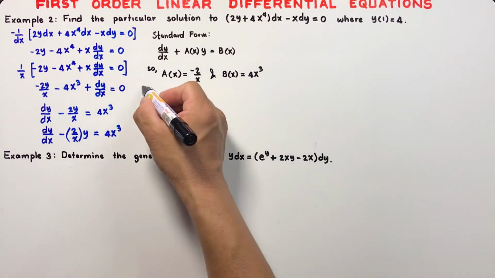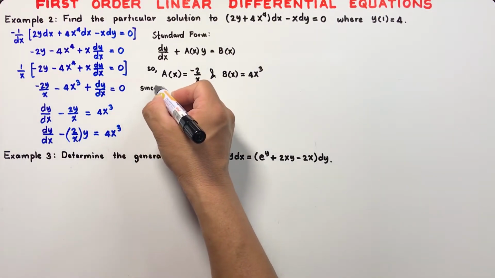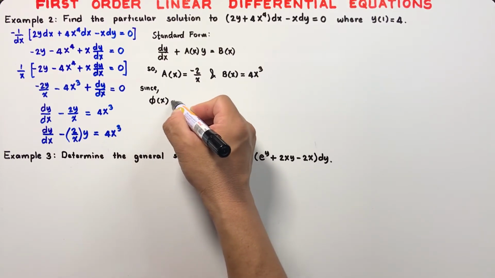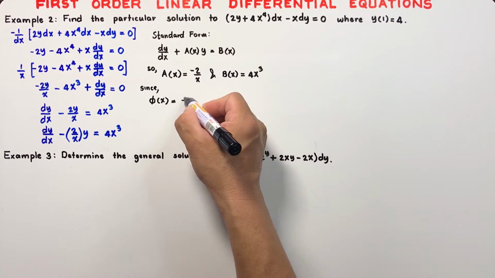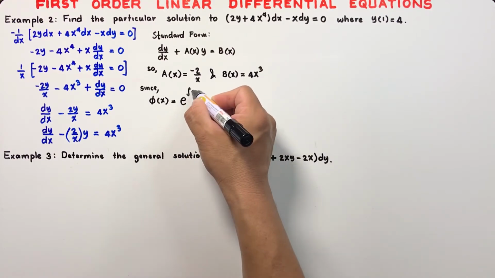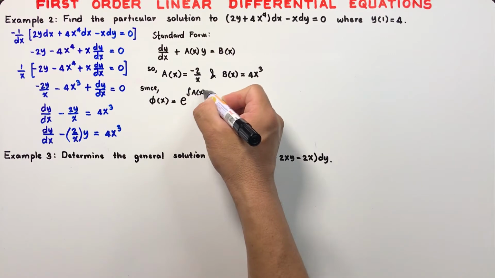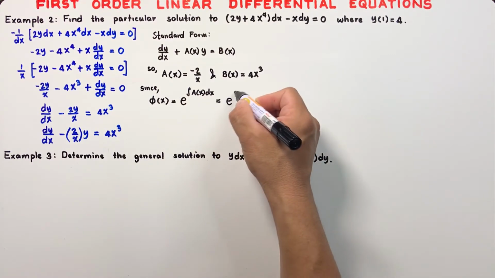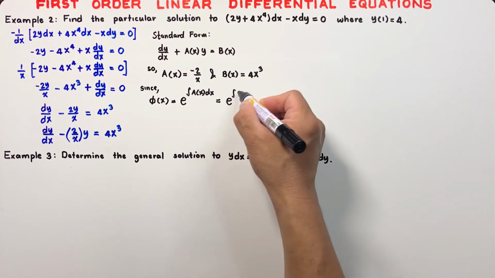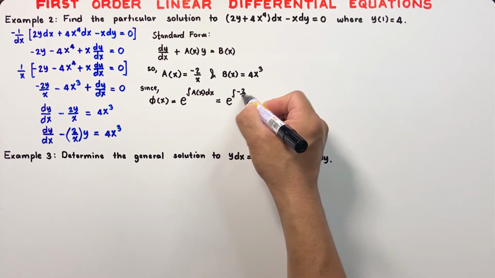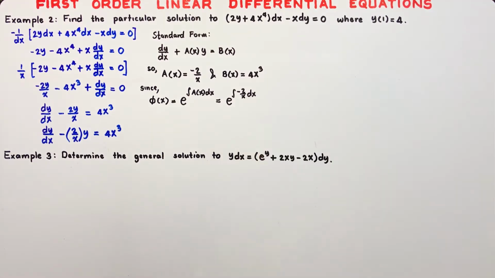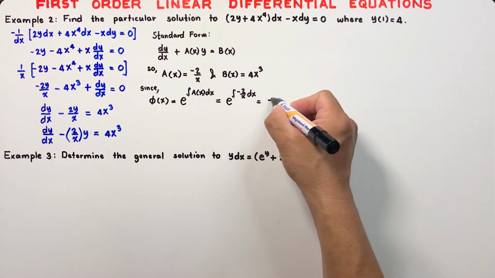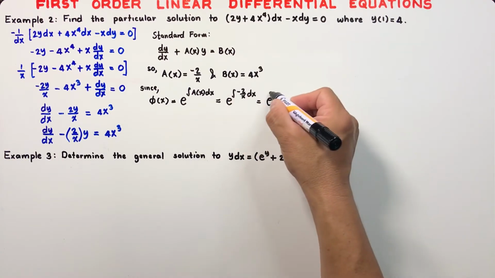So we can now find our integrating factor phi of x. And we know that phi of x has a formula of e raised to the power of the integral of a of x dx here. So since our a of x is negative 2 over x there, we have to factor out the negative 2 outside the integral symbol.